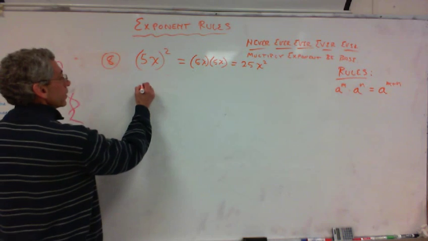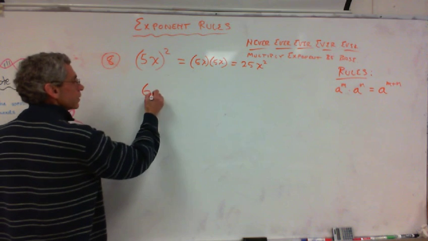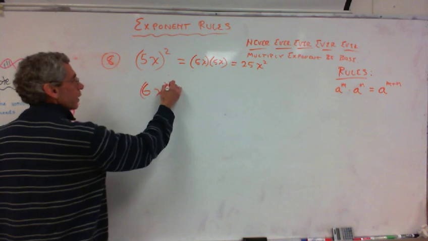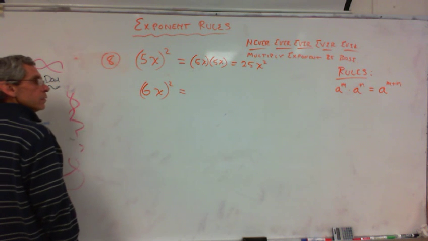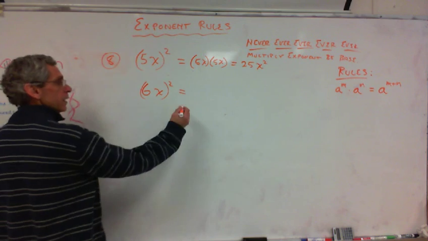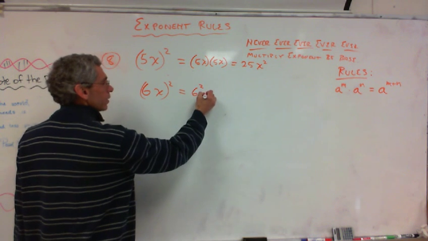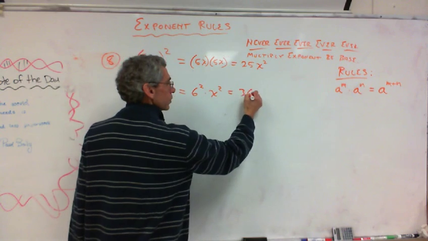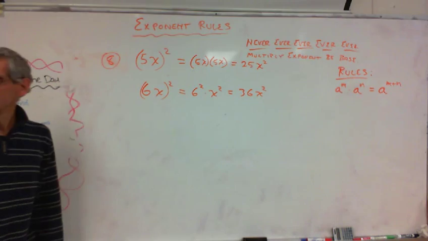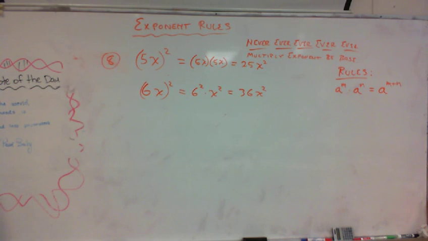Try this one then. How about 6x squared? What would it be? 36. Yeah, it's basically 6 squared times x squared. And 6 squared is 36, so it's 36x squared. With me? You got it?